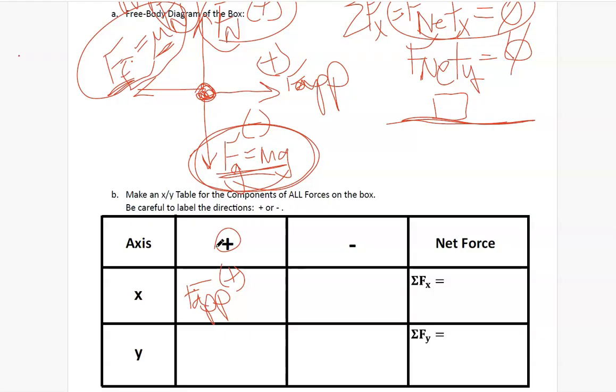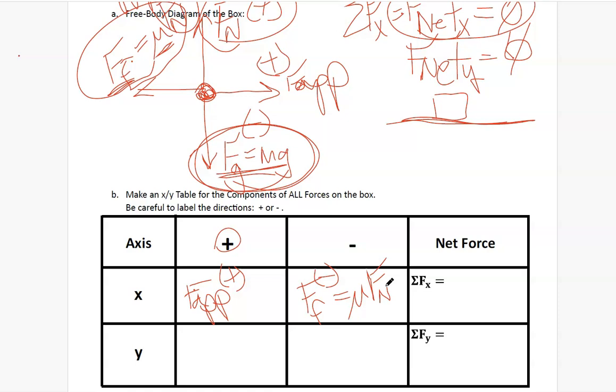And in the negative direction horizontally, we have a frictional force. And we'll remind ourselves that's negative. And frictional force can be eventually calculated with the coefficient of friction times the normal force. Though we don't have the coefficient of friction, so we might not be able to solve it that way.